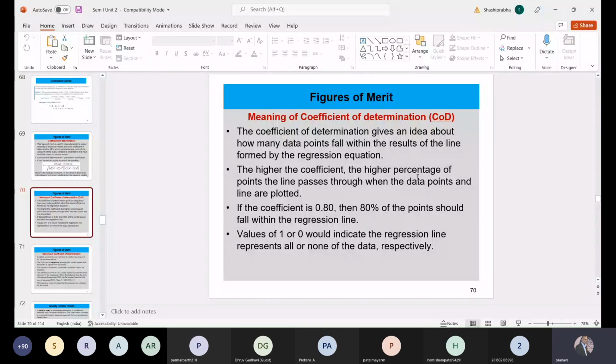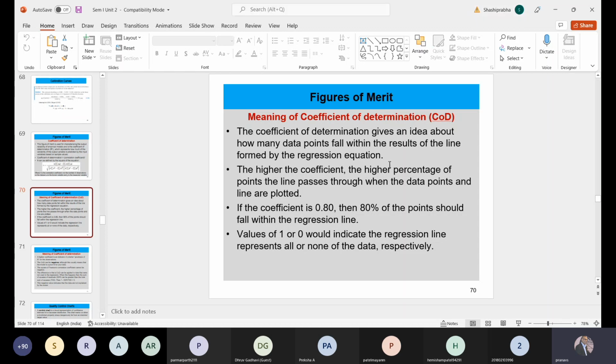Can you see my screen? Yes, sir. Good, good. I'm constantly admitting students. When will this stop? Okay, I'll keep doing this in between.